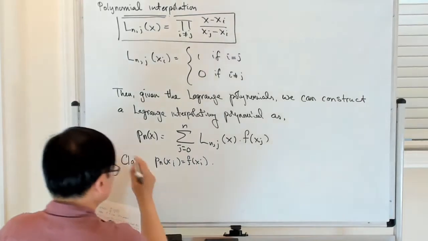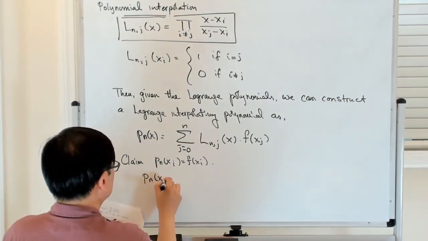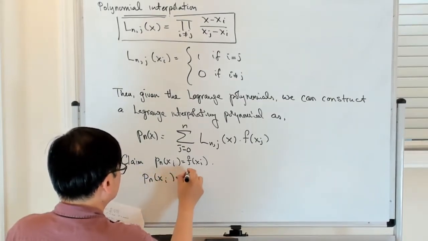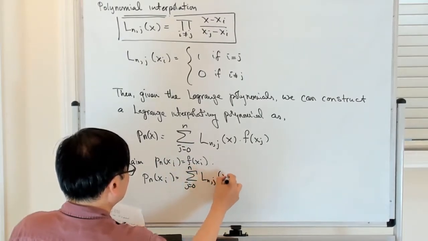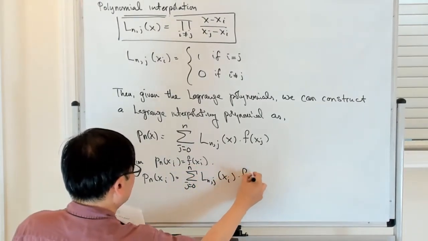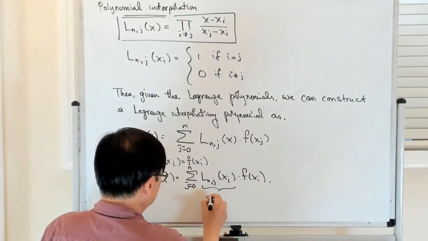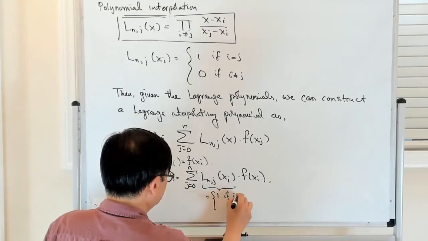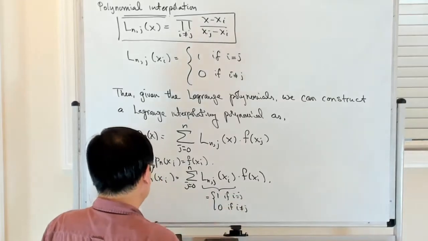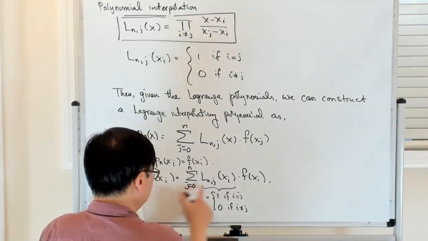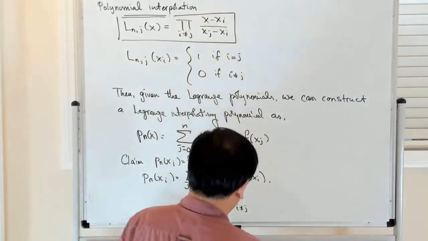And the way you see this is just following the definition. P_n(x_i) is equal to the sum from j equals 0 to n of L_nj(x_i) times f(x_j). But L_nj(x_i) is equal to 1 if i is equal to j and 0 if i is not equal to j. So if I evaluate at x_i, the only term which is non-zero is when i is equal to j, and all the other terms vanish.